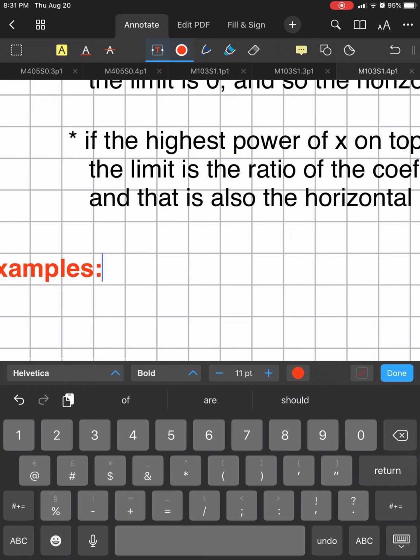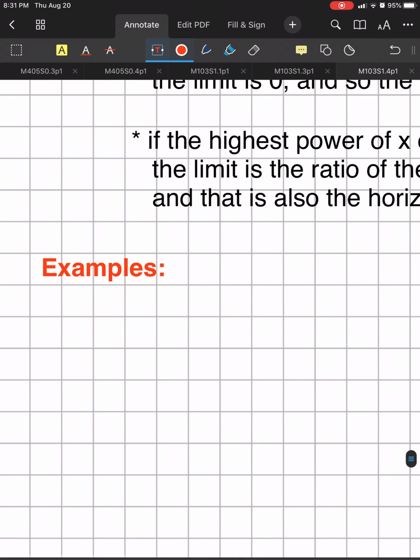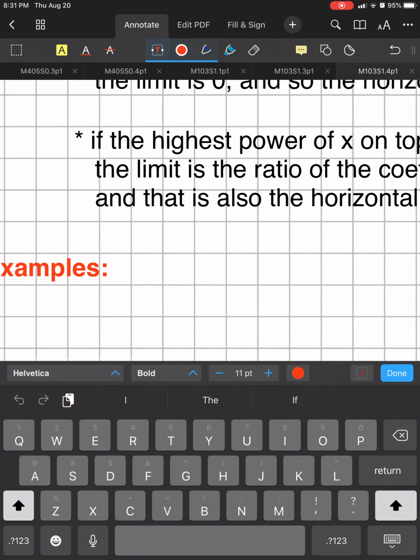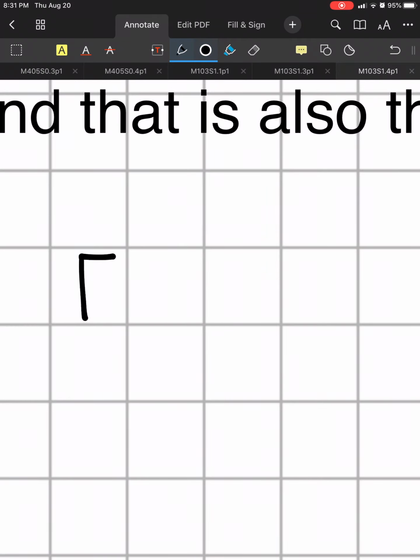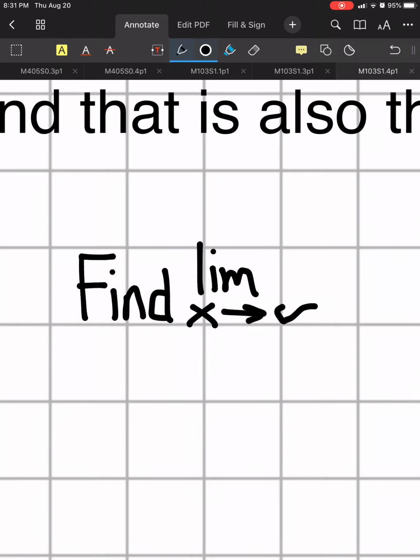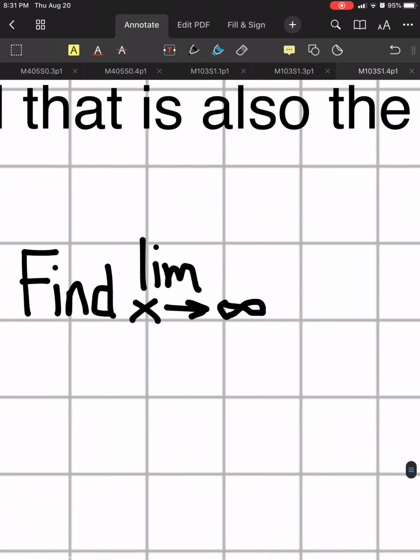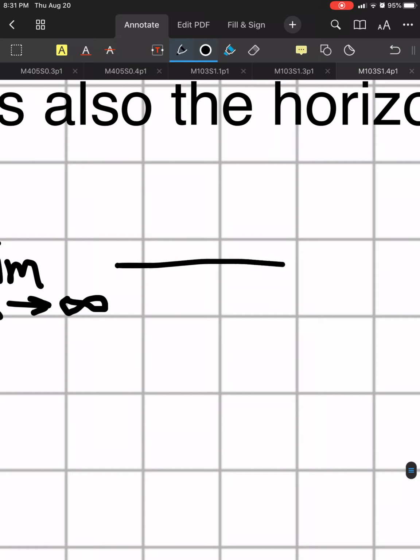They're all going to be pretty much the same kind of thing. So let's start off with a first one. So let's say find, I'm only going to write limit as x goes to infinity or minus infinity here. But remember, if we have this kind of function, they are the same, so it doesn't matter.